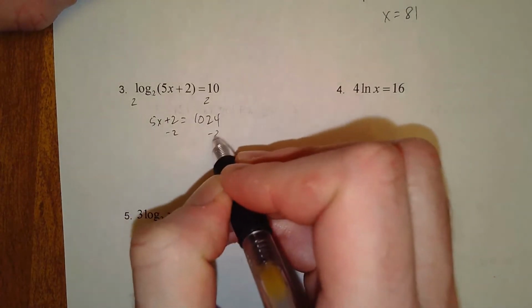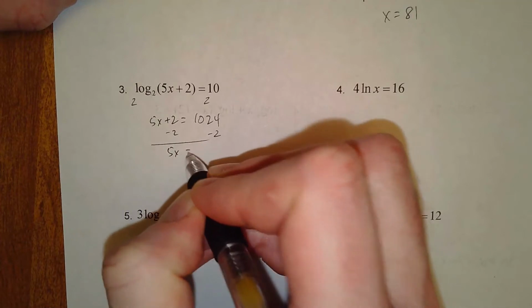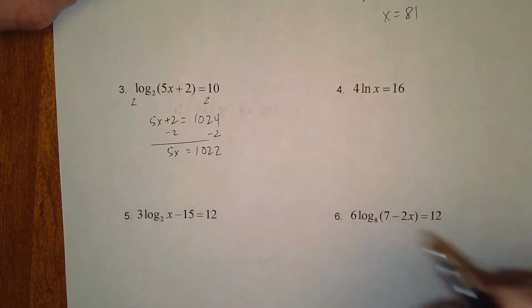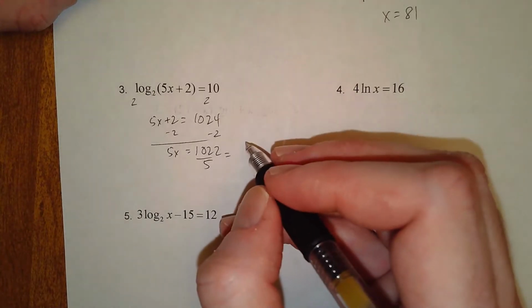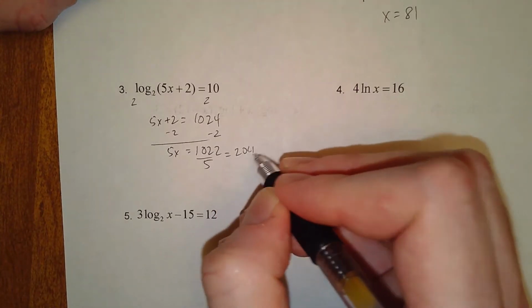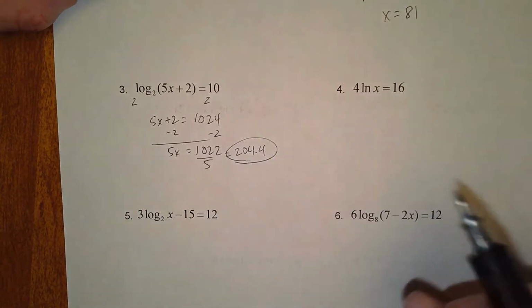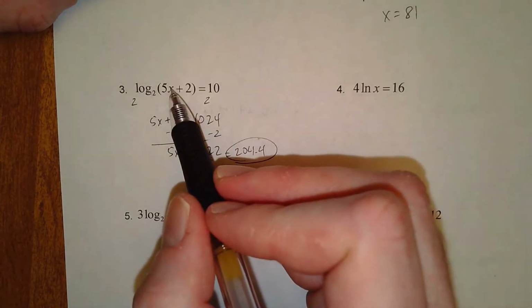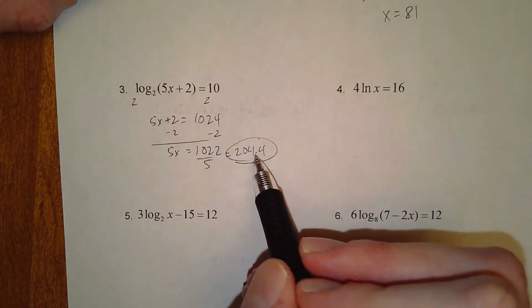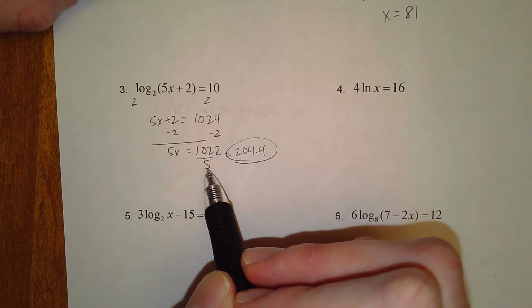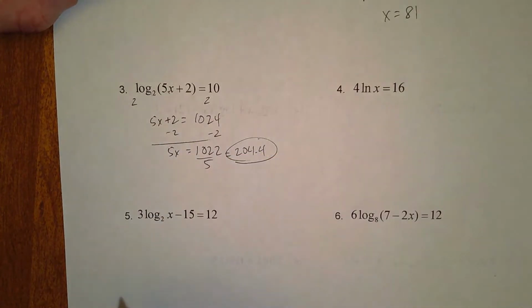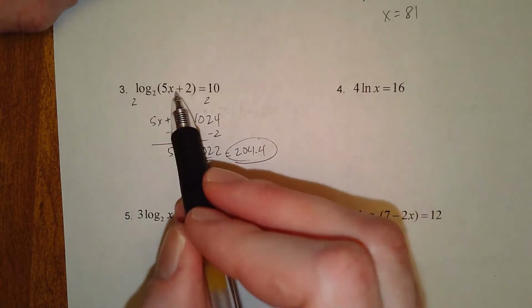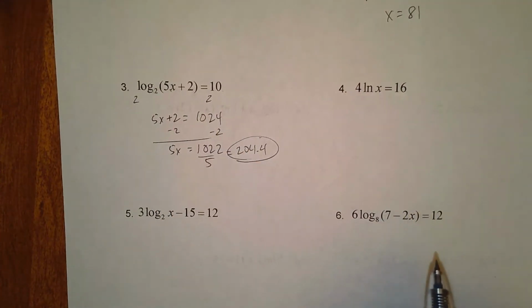Subtract 2, I get 5x equals 1022, divided by 5, and for this one it's 204.4. If you check this, you plug it in, it works. If I take it times 5, I'd get 1022, add 2 to it, it'd be 1024. 2 to the 10th power equals 1024.